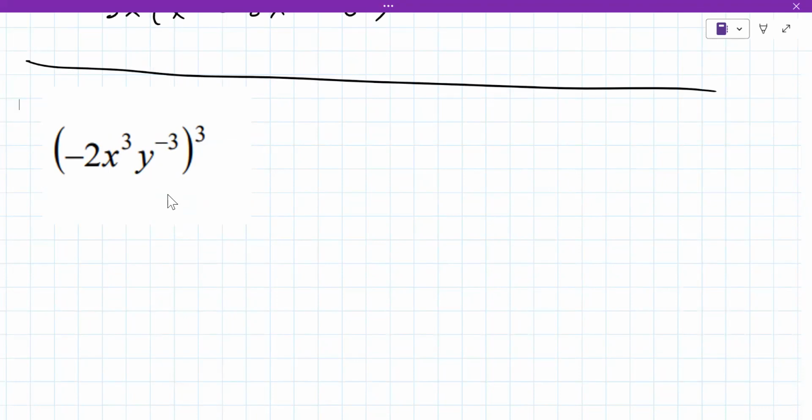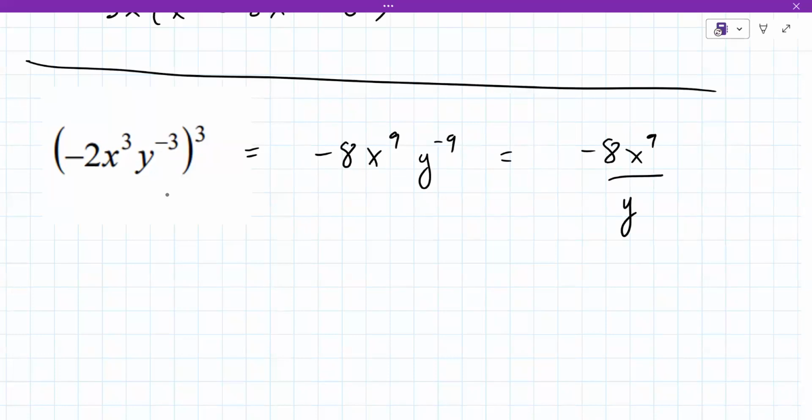So that would be negative 8x to the 9 y to the negative 9, which would be negative 8x to the 9 over y to the 9.